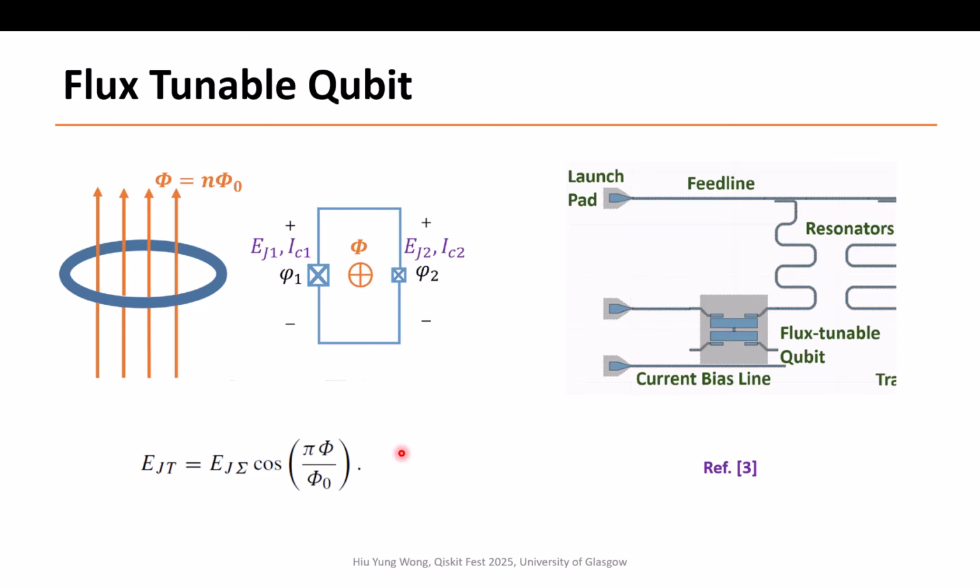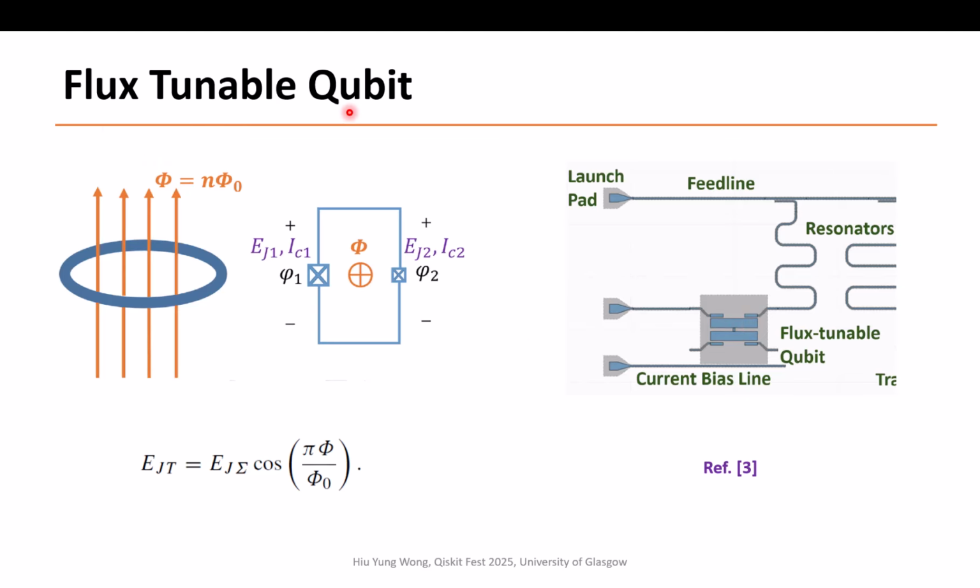As a result, you have a different energy level separation. In a chip layout, you may have just a wire like this. Then you have the current going through along the length, which, I forgot which law, generates a circular magnetic field. And then you have different magnetic flux going through this loop. So this is a flux-tunable qubit.